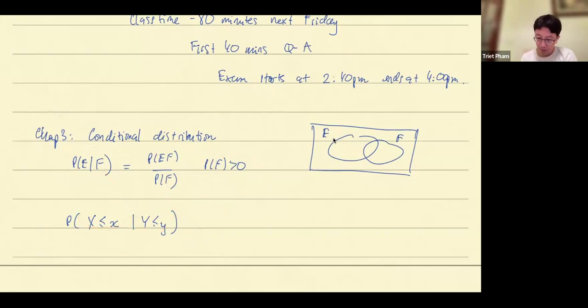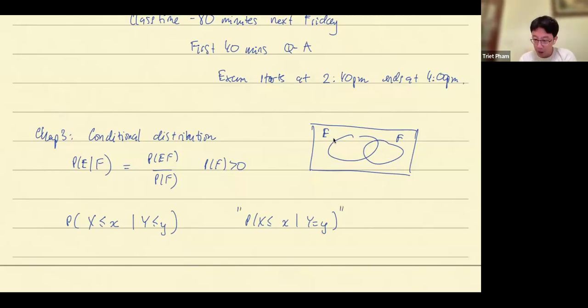But then you can move on to something a little more sophisticated like this: the probability that X is less than or equal to x given Y equals y, let's say. Now, this is tricky, and let me put this in quotation marks.